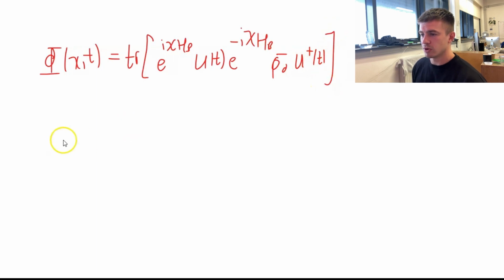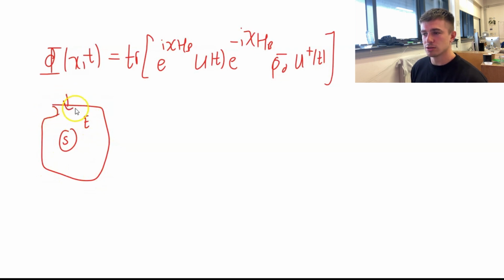So if we imagine we've got our quantum system and it's surrounded by some environment, the entire thing is closed, but the system is open. It exchanges energy and information with the environment, and we're interested in the heat that is exchanged between the two.